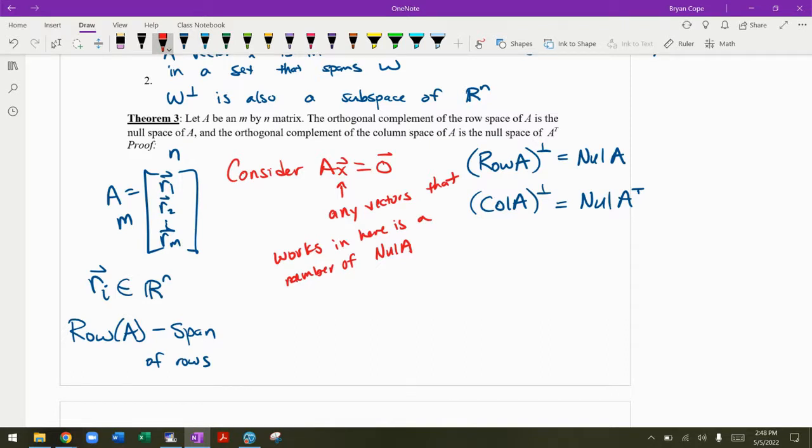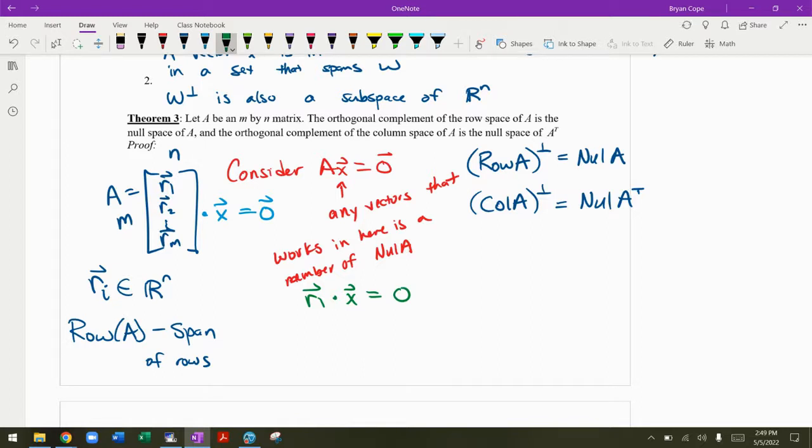Taking A like I've written it and writing it as A dot x equals the 0 vector, because that's what we're trying to solve, implies that R1 dot x equals 0, because think about matrix multiplication. We dot a row with a column to get an element of the answer.